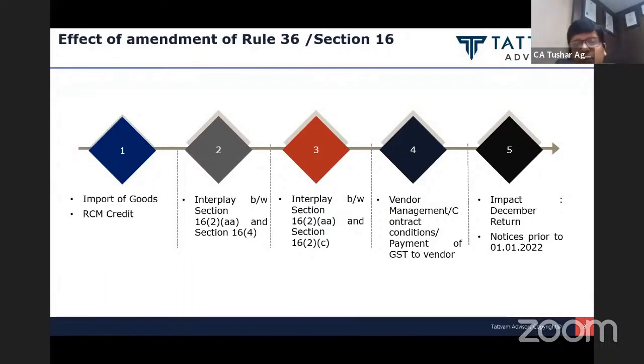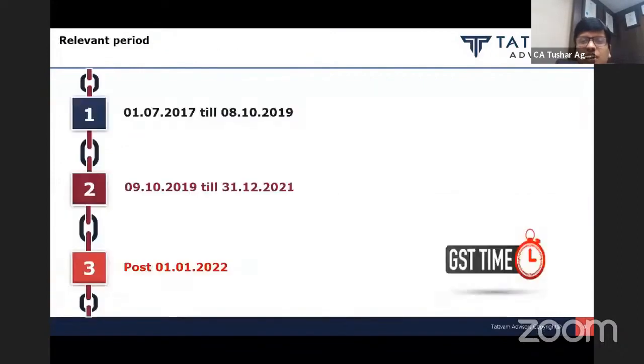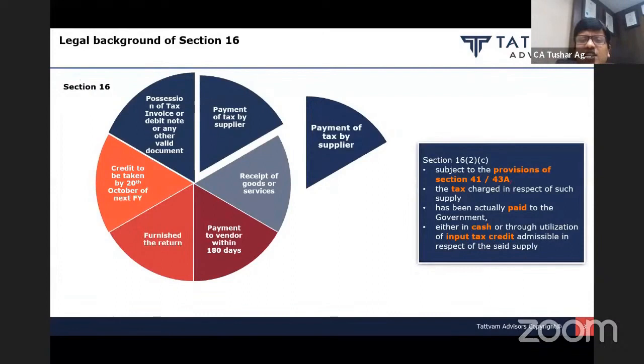Now, discussing this point from a legal perspective and from a litigation perspective, am I actually required to reverse the credit? My view is no, you are not required to reverse the credit, because section 16(2)(c) itself is not implementable in India. This section 16(2)(c), please see, is subject to the provision of section 41 and 43A.